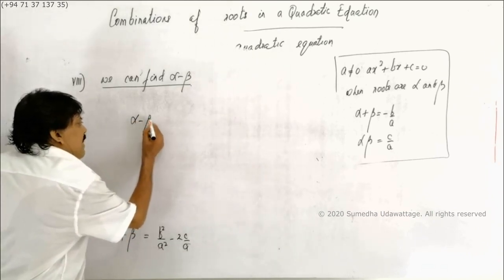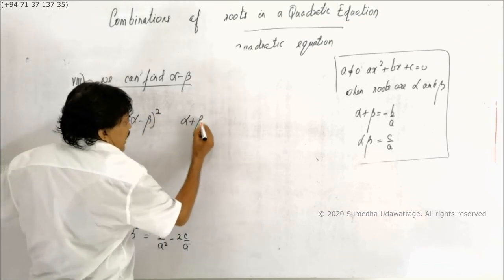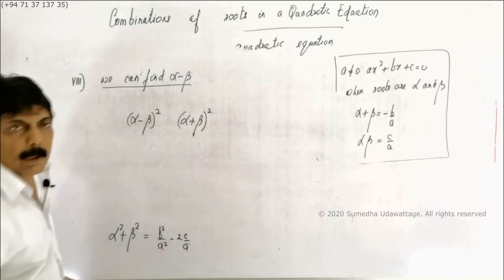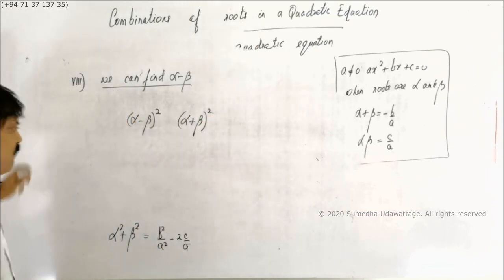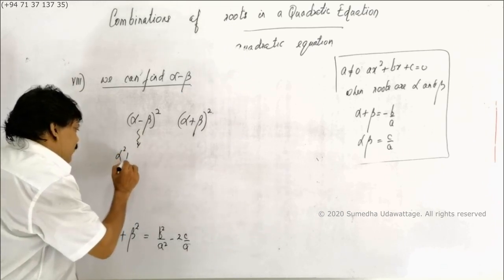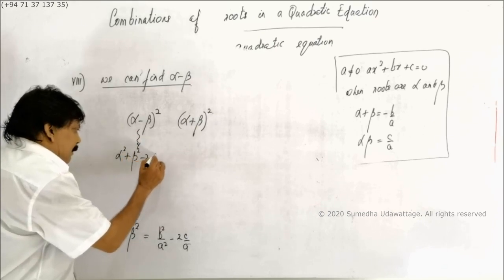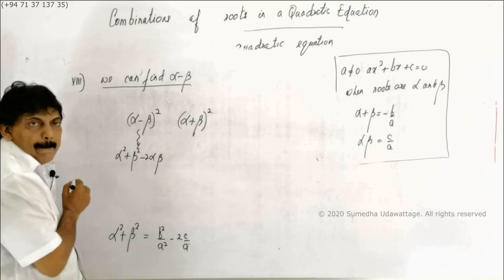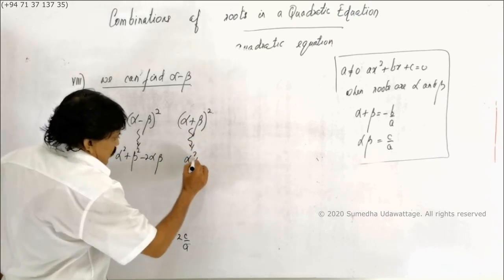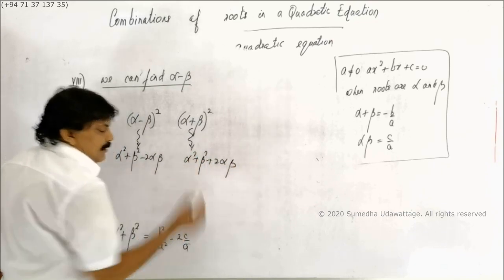We compare the values alpha minus beta squared and alpha plus beta squared. When alpha minus beta is squared, you get alpha square plus beta square minus 2 alpha beta. If alpha plus beta is squared, you get alpha square plus beta square plus 2 alpha beta.